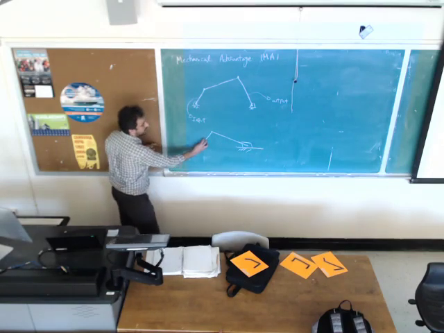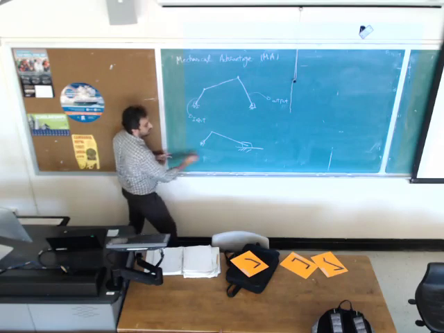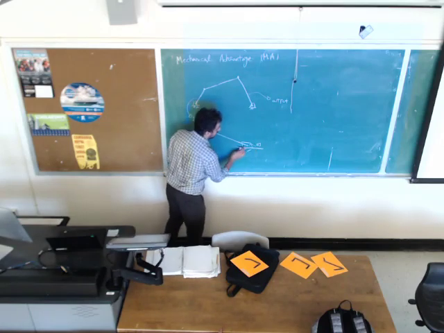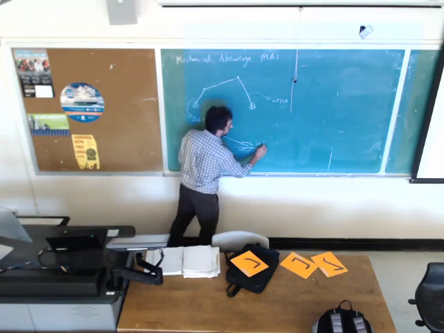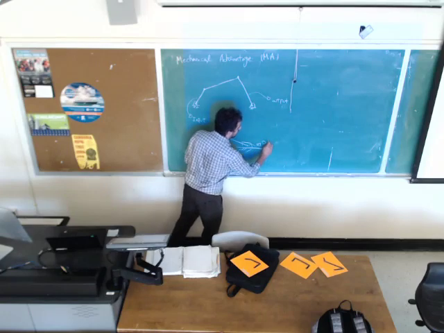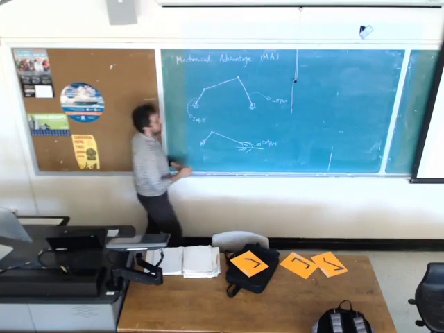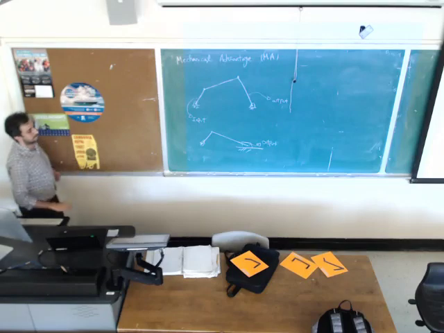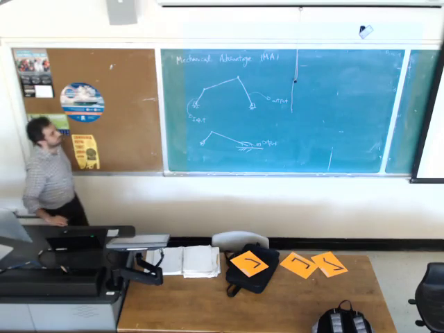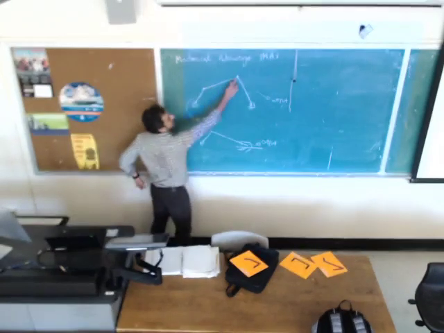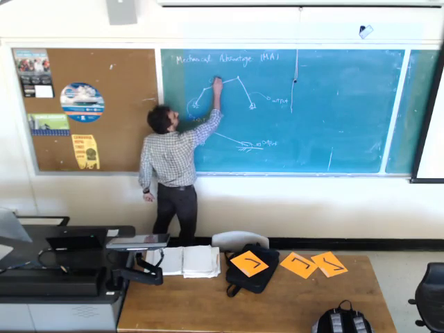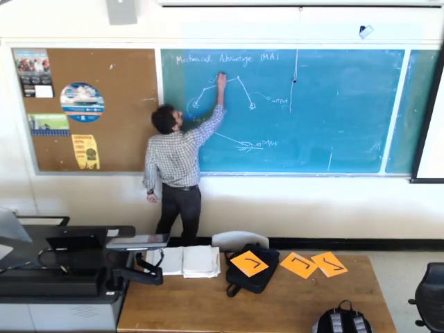Usually you put the motor here, meaning you input the motion, and you expect to get the desired motion from this slider, so we call it the output. This link, if you remember, we defined as the coupler.